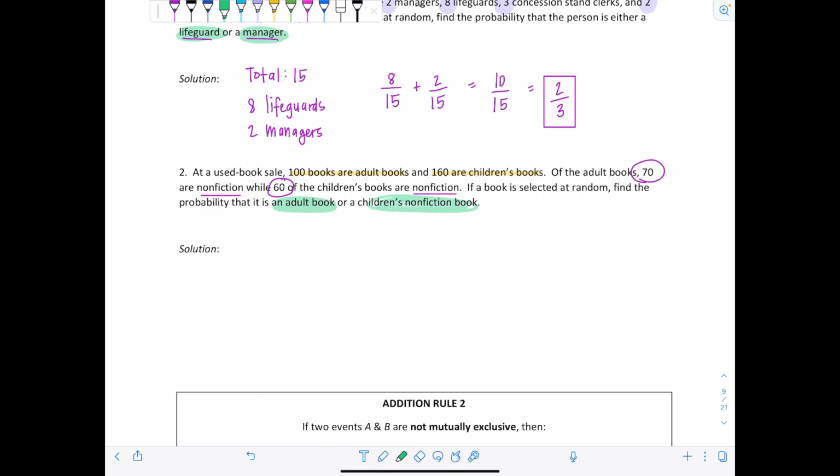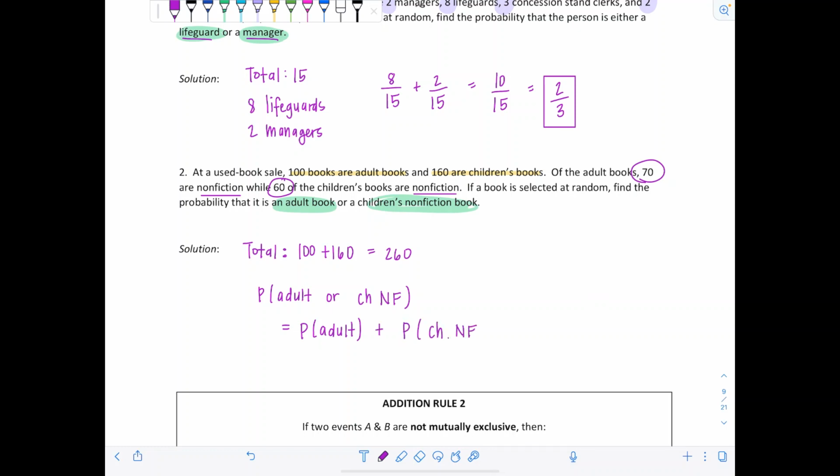Okay, so altogether, how many books are there at this book sale? Well, there's 100 adult books and 160 children's books, so 260. And they want the probability that we get an adult book or children's nonfiction. So that's going to be the probability of getting an adult book plus the probability of a children's nonfiction book.